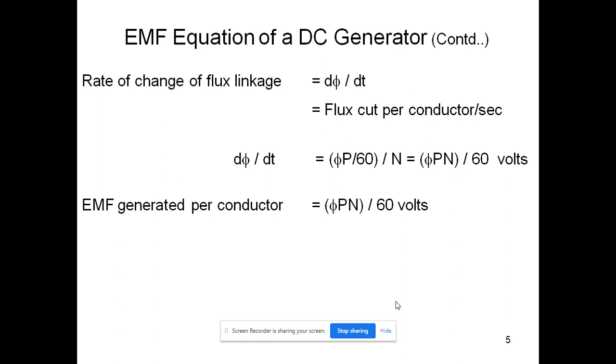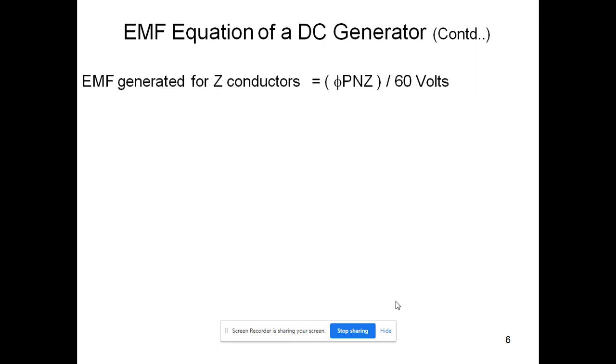If the EMF is generated for Z number of conductors, then the EMF is given as phi Z N P by 60 volts, where here Z represents the total number of conductors, and the number of parallel paths we already seen in the previous slide.